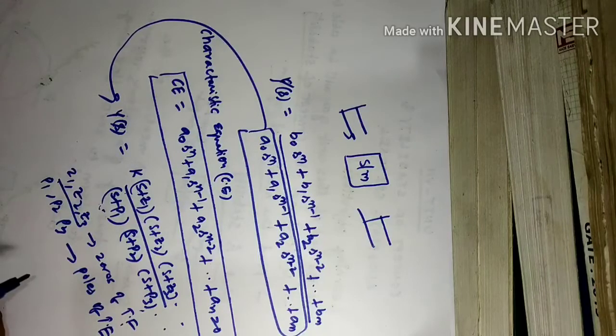Okay, so the character of the response, whether stable or unstable, constant, growing or decaying, will be given by the roots of the characteristic equation.